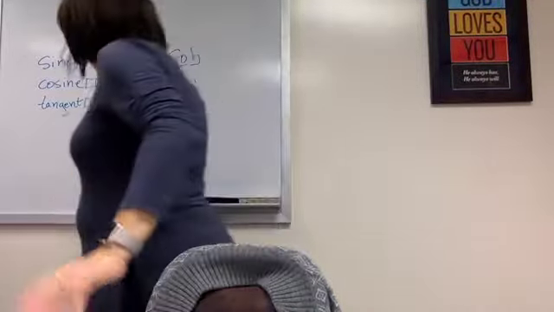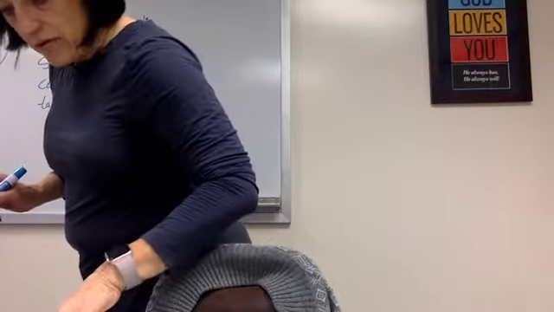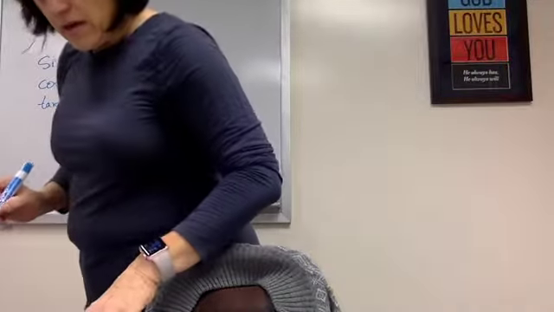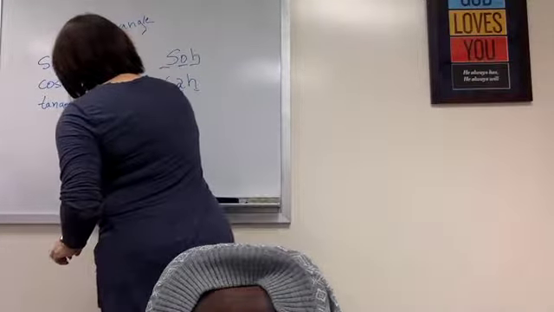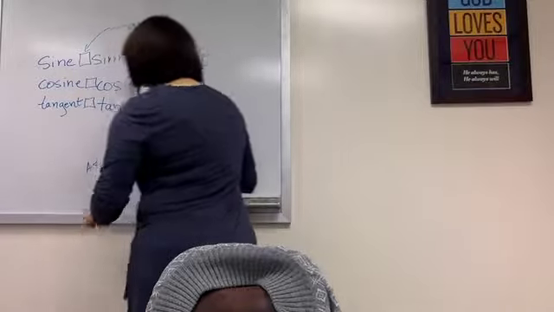I have angle A, angle B is up here, angle C is my right angle. And then the sides opposite: here is a little c, here's a little b, and here's a little a.